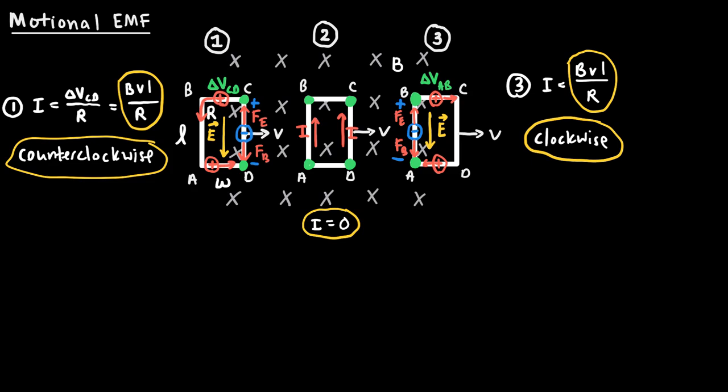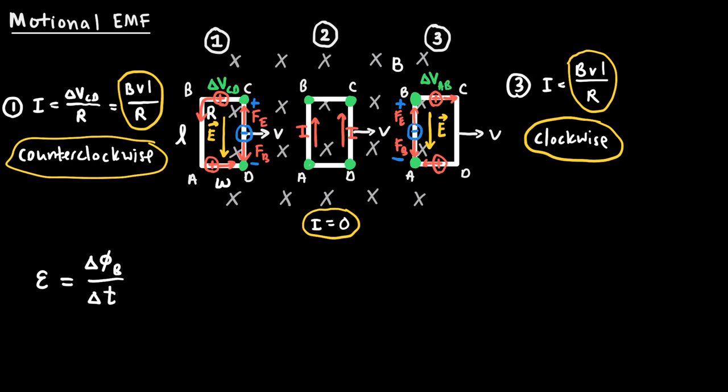What's interesting about this problem is we can also use Faraday's law and Lenz's law to understand this problem as well, and instead abandon this idea of motional EMF. Faraday's law says that if there is a changing magnetic flux, so delta phi b divided by delta t, that is the rate of change in the magnetic flux, an EMF will be produced across a material where there's a changing magnetic flux.